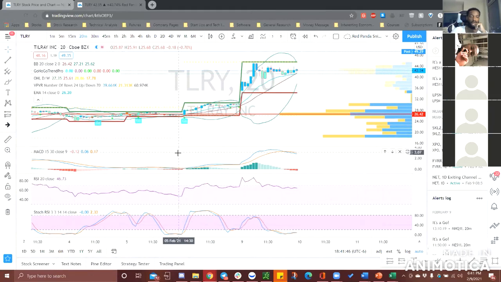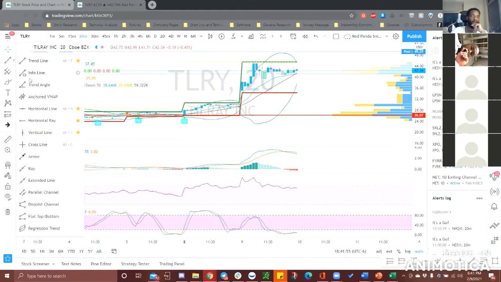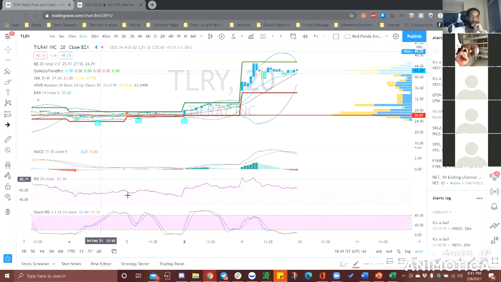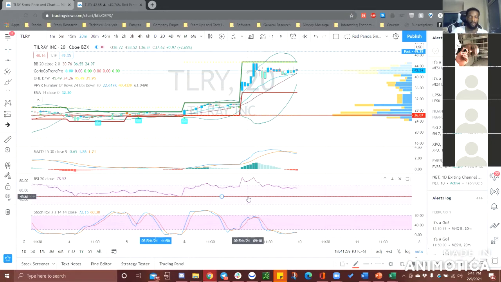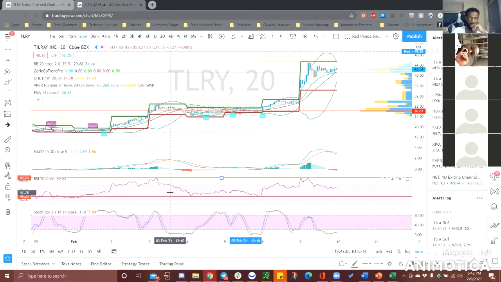Okay. So one thing about the RSI, just a note, you could do support and resistance on the RSI as well, just to give you a double confirmation as far as overbought and oversold area. So this is a good indicator.